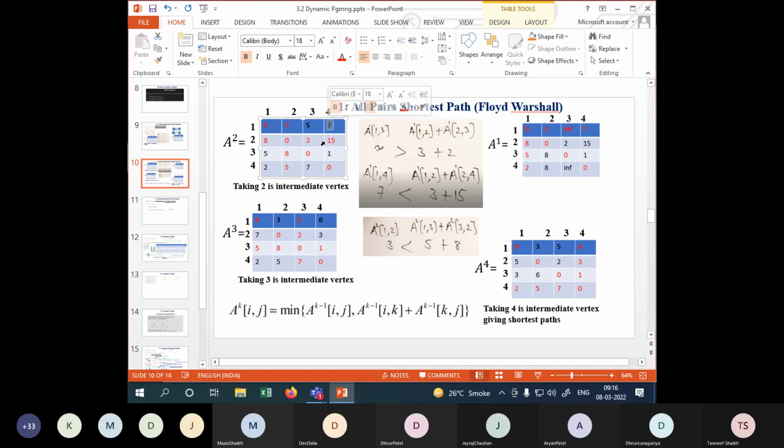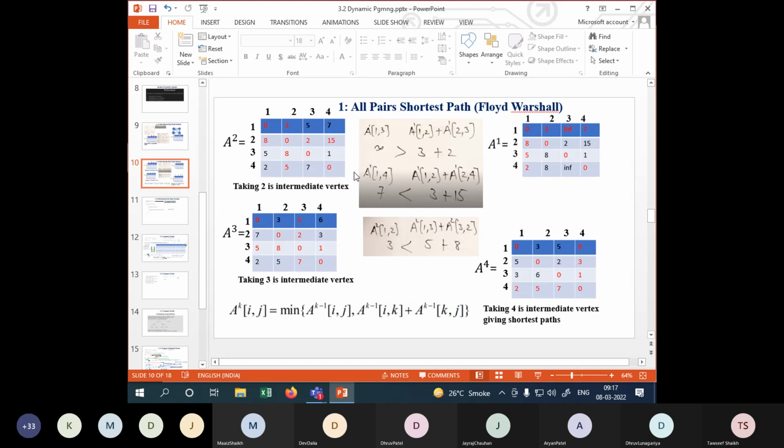So here it is infinity, this weight is changed again. Why? 4 comma 3. This is the fourth row, this is the third column. Initially the value was infinity, and in this matrix the value is changed to 7. So the reason is that we had to find the value A 4 comma 3.